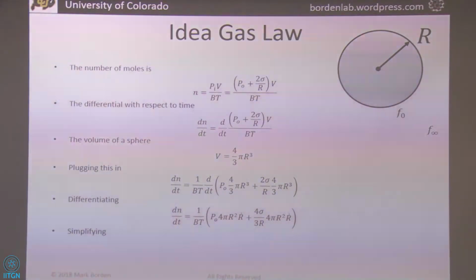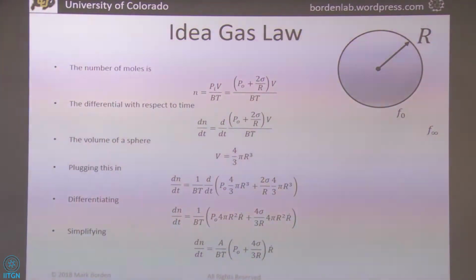And you can simplify this, pull out the r dot. Pull out the surface area, which is 4 pi r squared, which you have on both sides. And then all that's left over here is a P naught, that's the hydrostatic pressure. And all that's left over here is 4 times sigma over 3 times r.